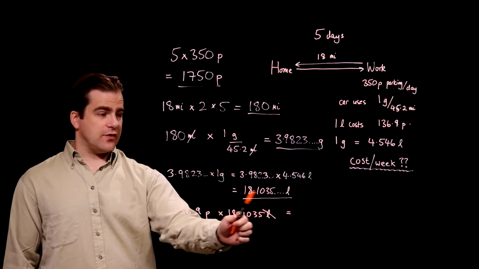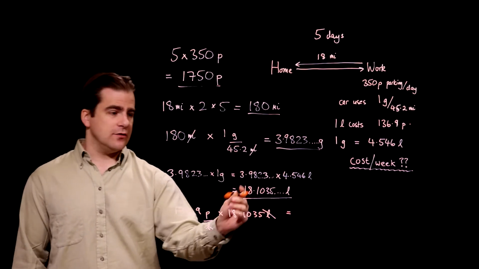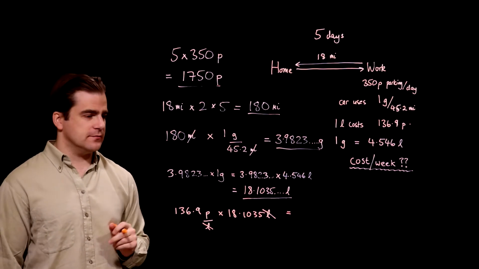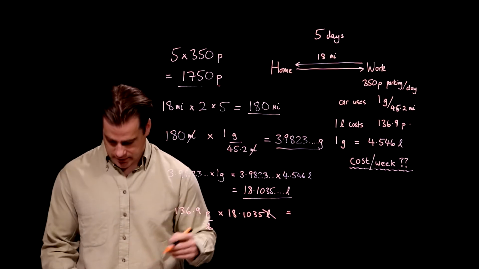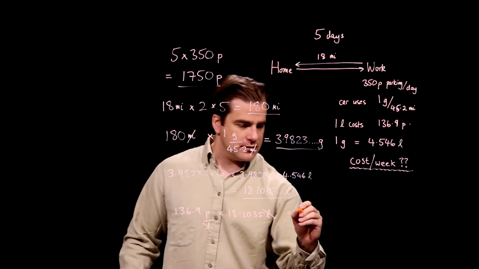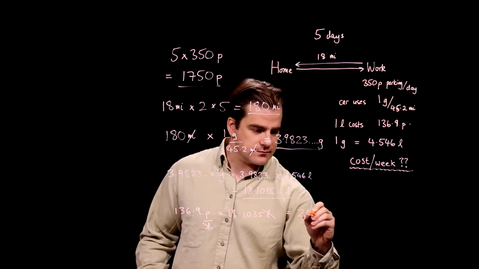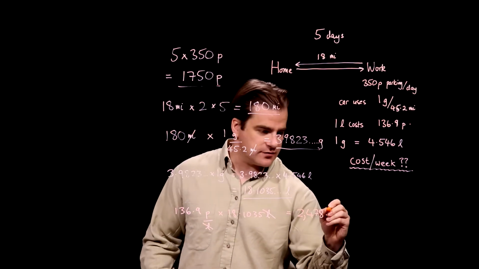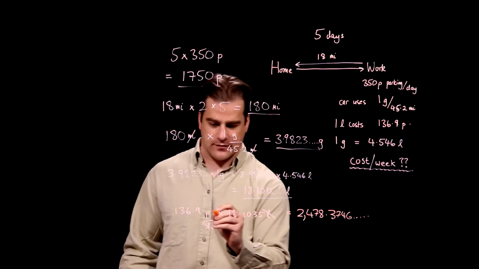Again, you had to store that in your calculator's memory and recall it here. Use the full number, very important. So 136.9 times 18 point whatever is 2478.3746 whatever pence.